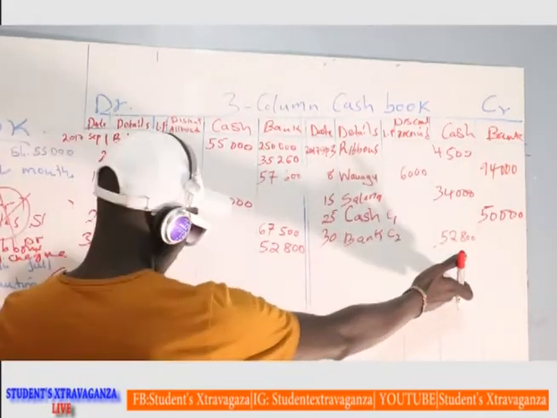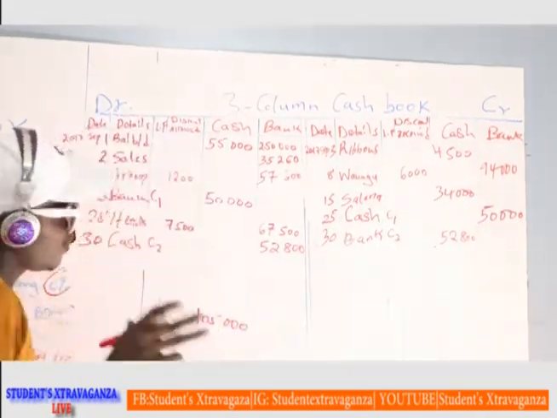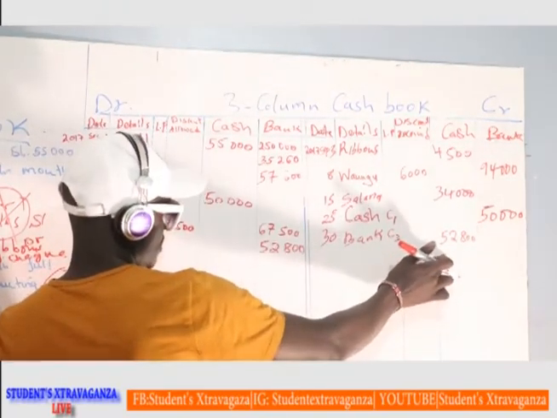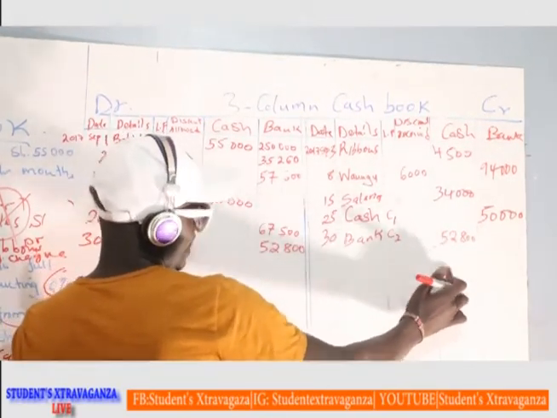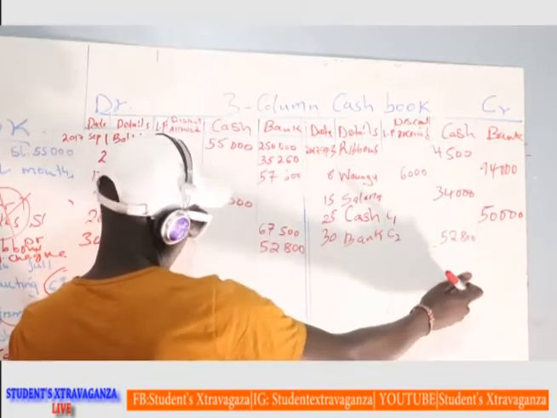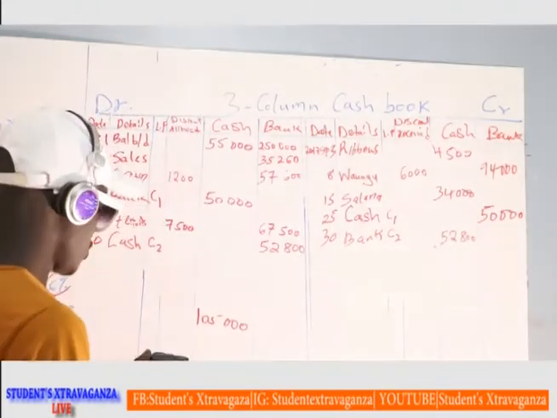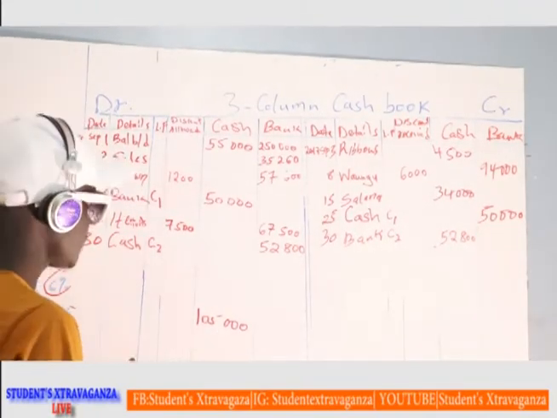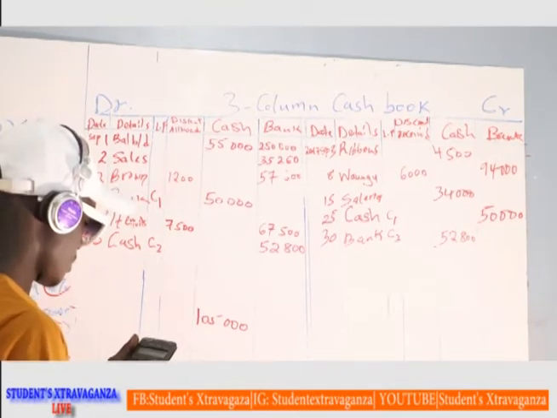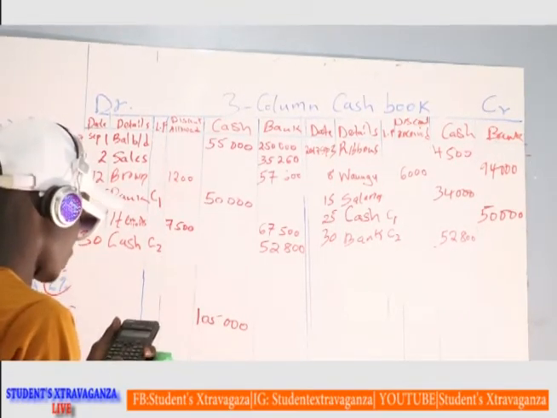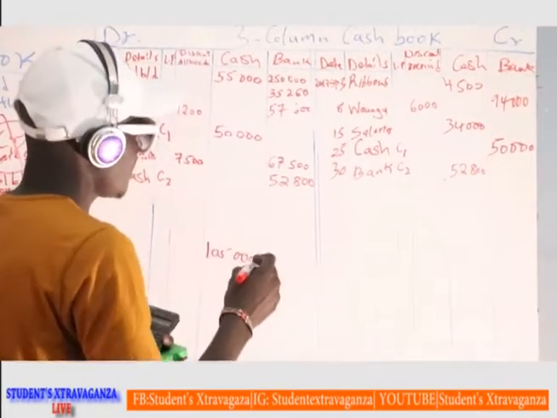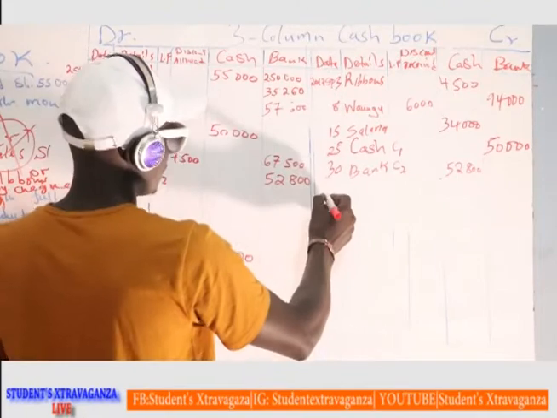This side is 91,300. What are we going to do for it to balance? We are going to add some amount here so that the total becomes 105,000. So it will be 105,000 minus 91,300, then we get 13,700 as our balancing figure.